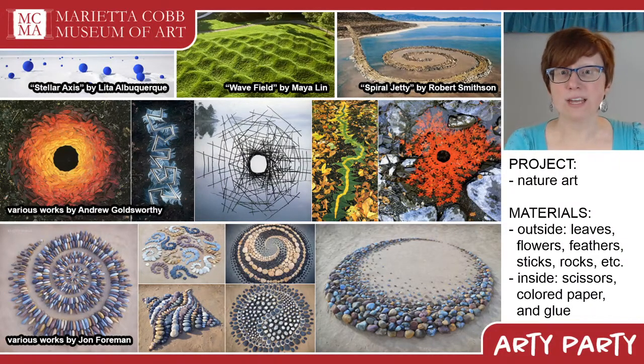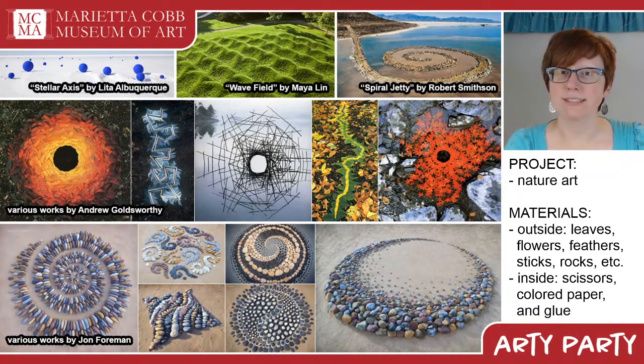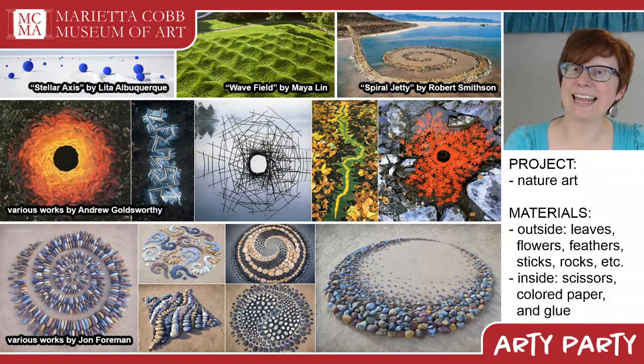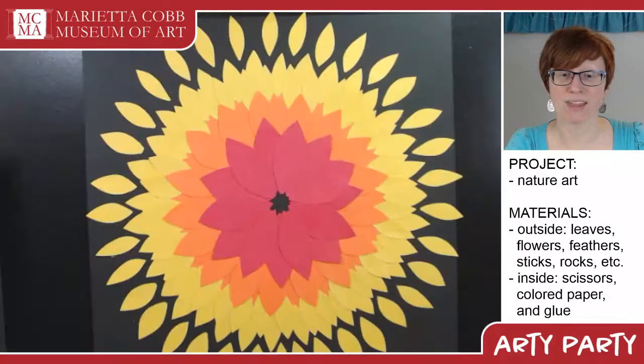So if you can get outside safely and just find rocks and leaves and sticks and flowers, try and make some lovely pictures that appeal to you while you're outside. However, if you don't have access to green space, or it's raining, or you just want to try this at home, you can also make this kind of nature art with paper.